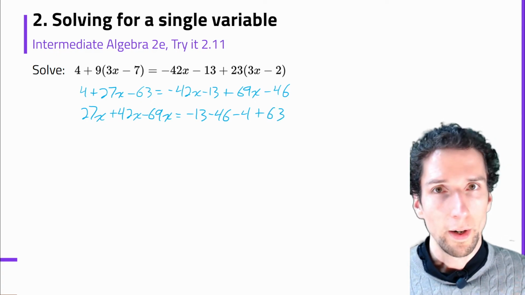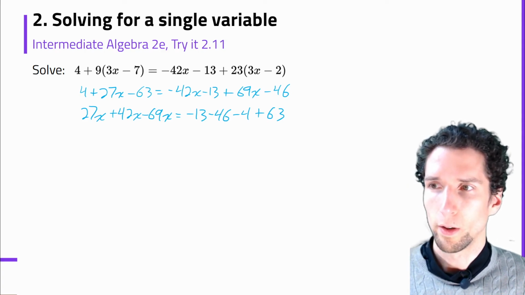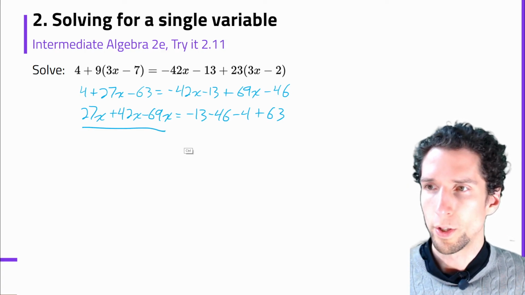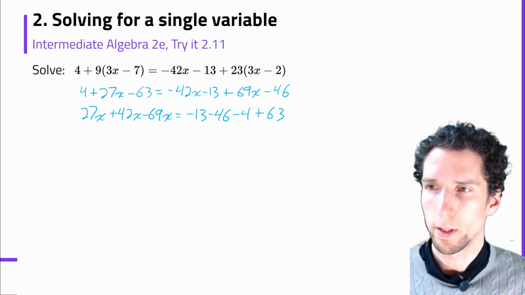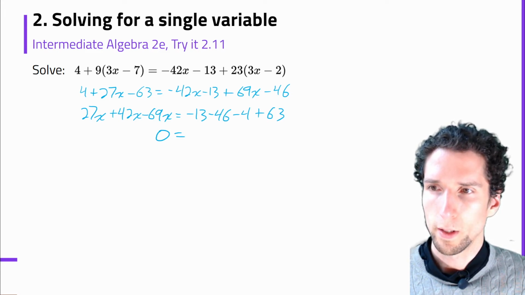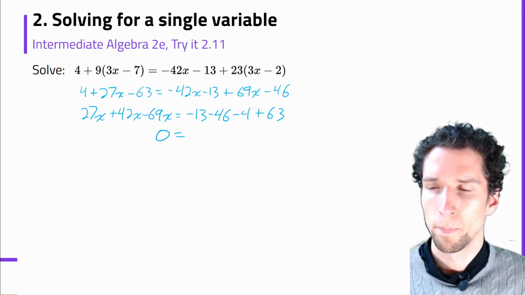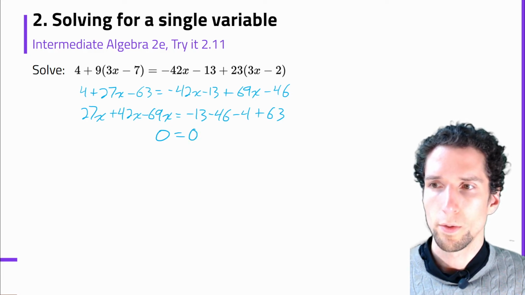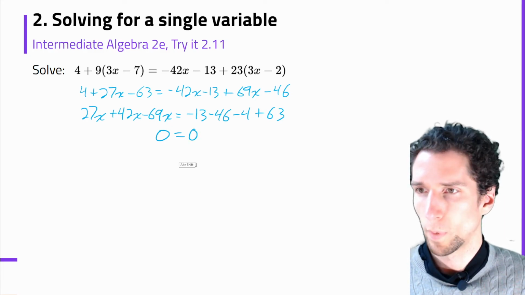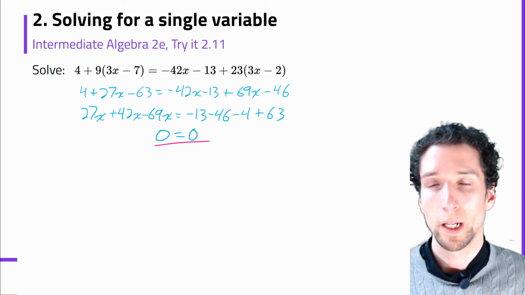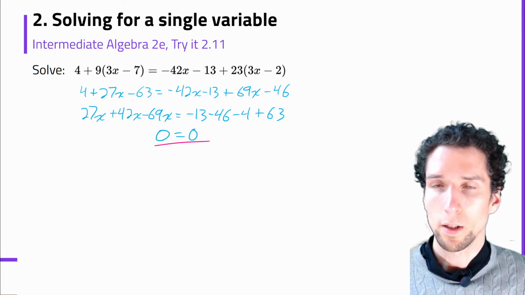Okay, so very suspiciously or conveniently, the x's are just disappearing here. 27 plus 42 is 69, minus 69, that's just 0. On the right side here, negative 13 minus 46, that's negative 59, minus 4 is negative 63, plus 63. So that's also 0.